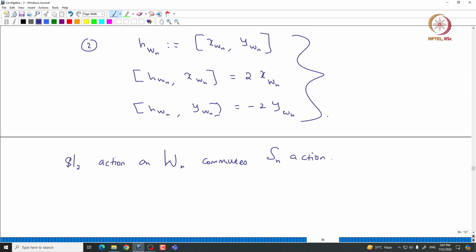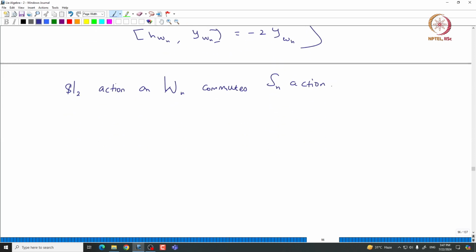Now, if we take this SL2 action, because it commutes with the S_n action, you can also see immediately that there is this SL2 action on the fixed point subspace W_n^{S_n}, which indeed decomposes as the sum of (W_n^k)^{S_n}, where k runs from 0 to n. So, the SL2 action on W_n commutes with the S_n action.